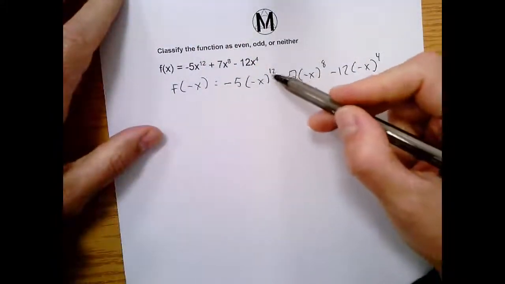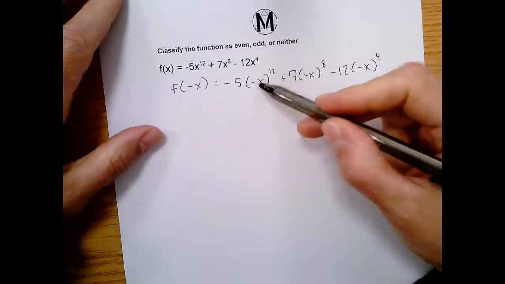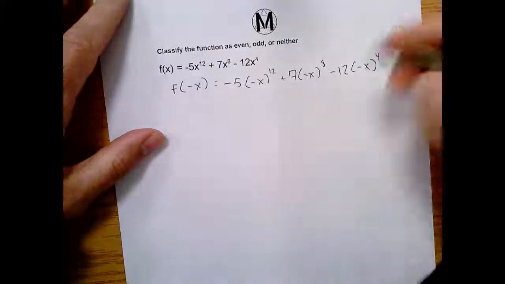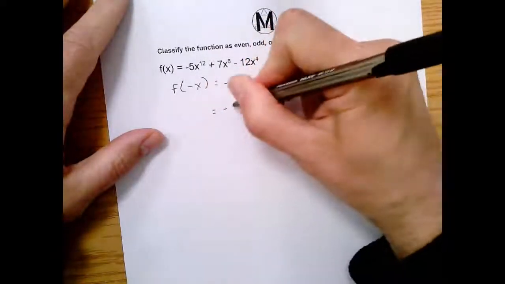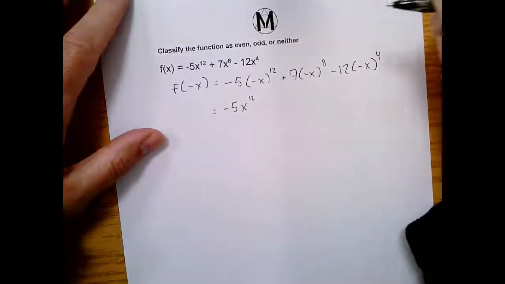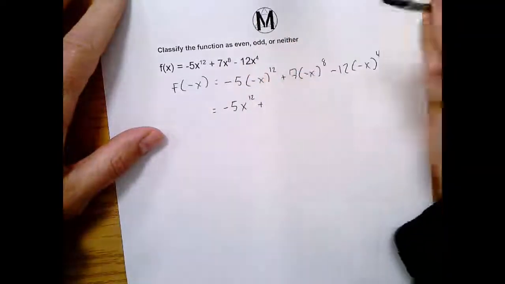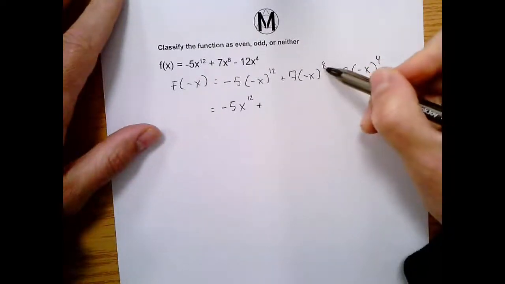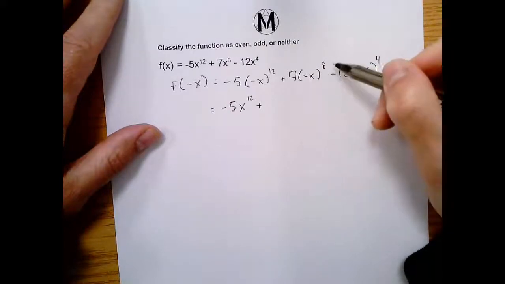Because this is 12, it would be positive x to the 12th, and positive x to the 12th times negative 5 is negative 5x to the 12th, okay? Coming over here, we have a positive 7, and a positive 8 up here. A negative that goes to a positive exponent will come out positive.